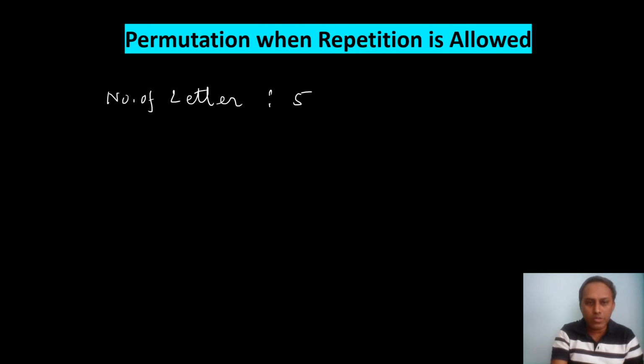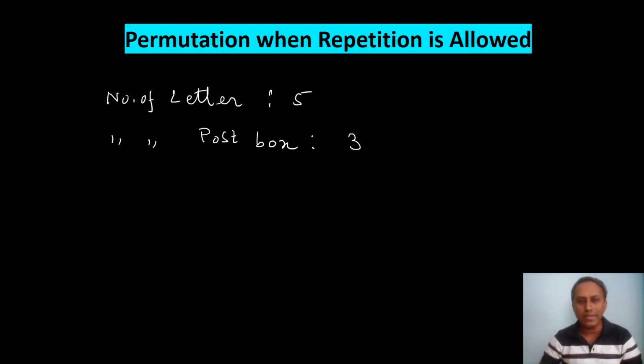These days we hardly post letters, we do email, right? So the number of letters is 5 and there are 3 post boxes. If I have to post these letters, the question is how many ways can I do that.